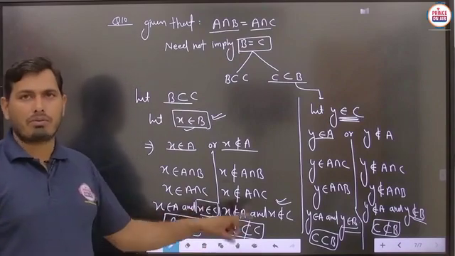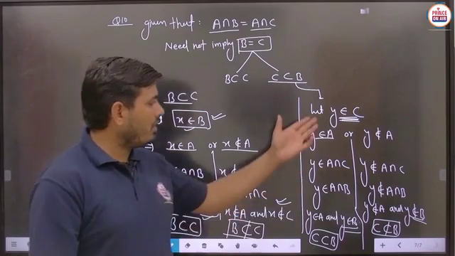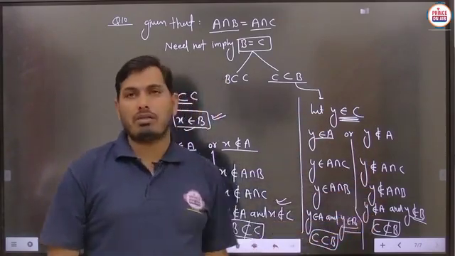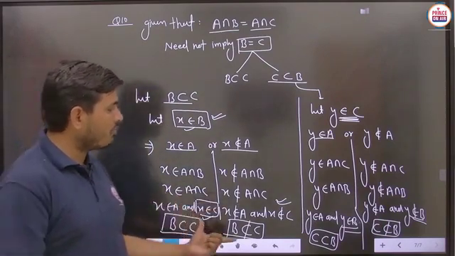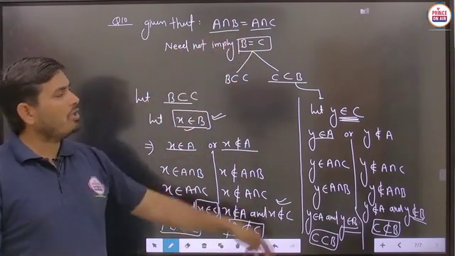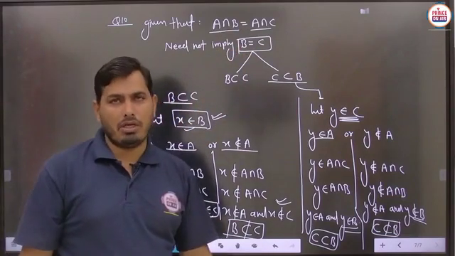B is sometimes a subset of C and sometimes B is not a subset of C. And here C is a subset of B in some cases, but in some cases C is not a subset of B. So on behalf of this part and this part, we can say that if A intersection B equals A intersection C, it need not imply B equals C.